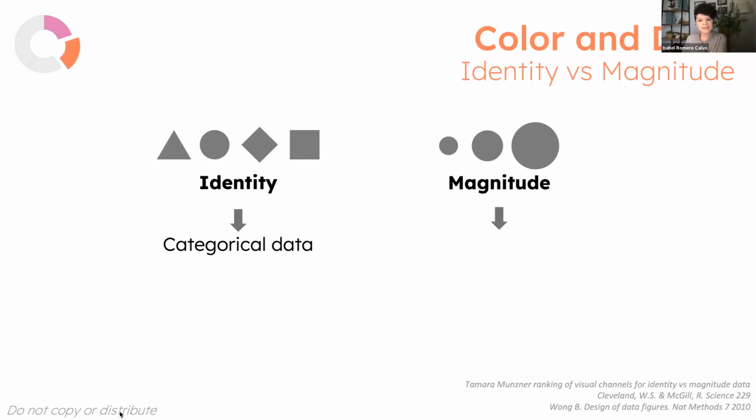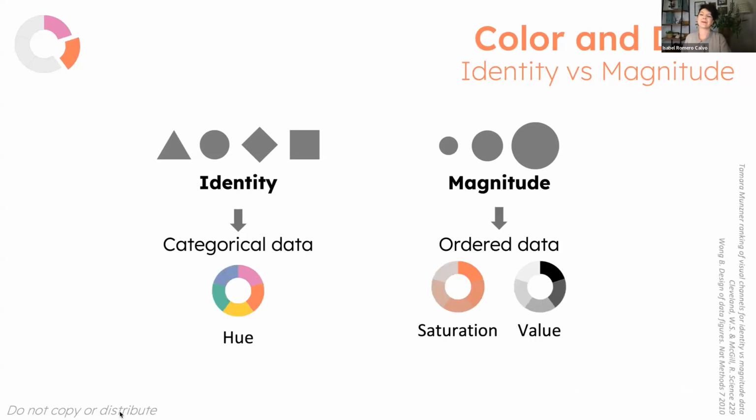If we talk about identity, we're talking about categorical data: data that can be put in different boxes, in different categories, and all of them are equally important. If we talk about magnitude, we are thinking about data that can be ordered from a small to a larger scale, for example. Why am I saying all of this? Because the color is coming.